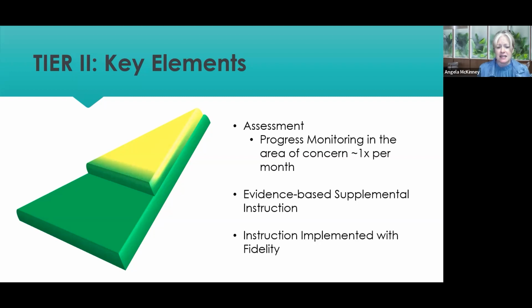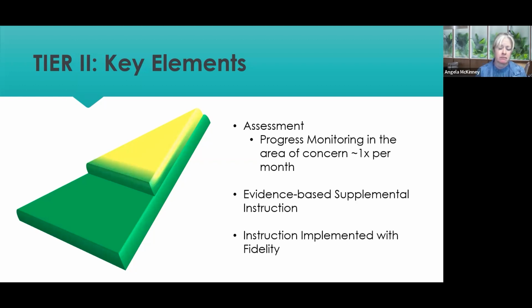So if we're assessing, just getting benchmarking data is only 3 times during the year. Plus, that data tends to be very, very broad. And so as we start collecting data for progress monitoring, it's a different kind of data. If my concern is reading fluency, I want a reading fluency measure.